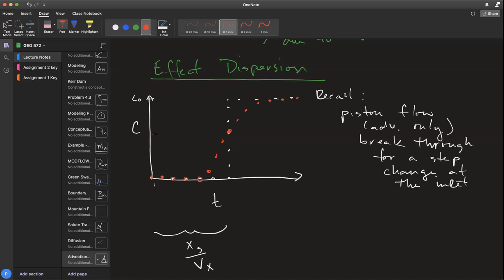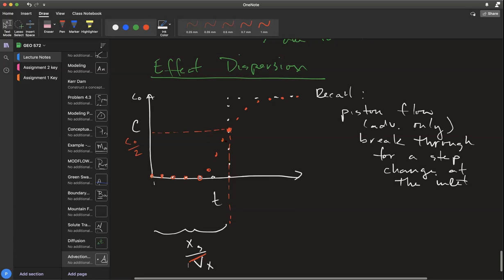And this point right here is C naught over 2, all right? And this happens at the same time lag, but now the fluid velocity is the average. So dispersivity takes away these sharp edges and smears them out because of these early arriving flow paths and late arriving flow paths.